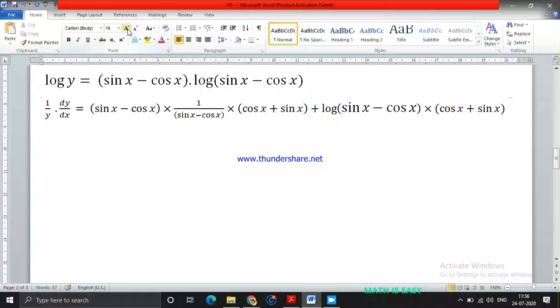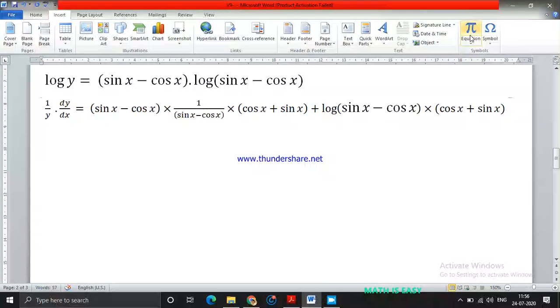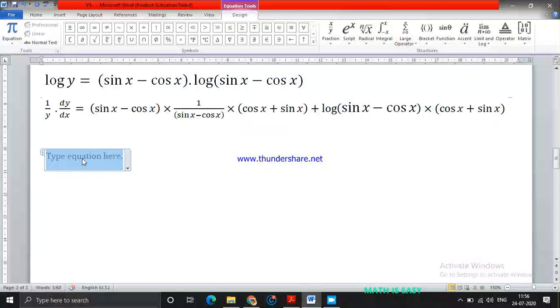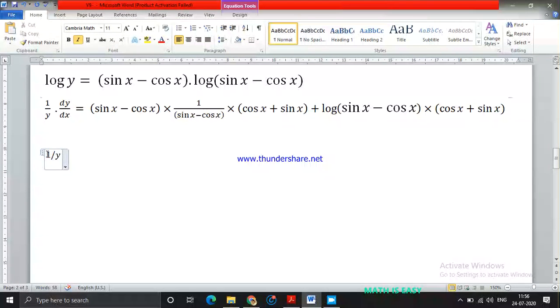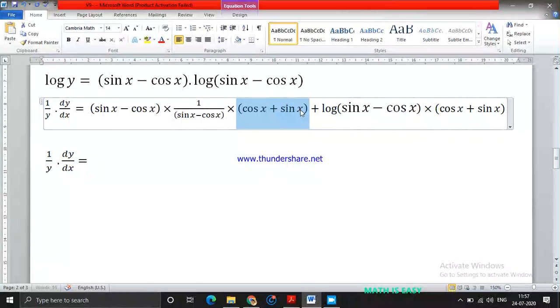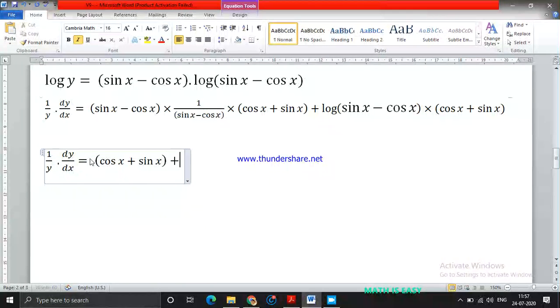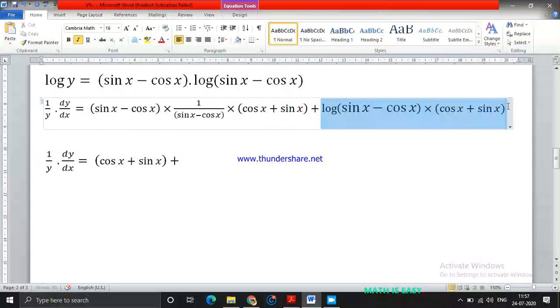So now maybe you can increase the font size. So you'll get the equation: 1 upon y into dy upon dx is equals to, so these two terms are getting cancelled, so I have here 1 plus cos x, cos x plus sin x plus this entire term will remain as is.